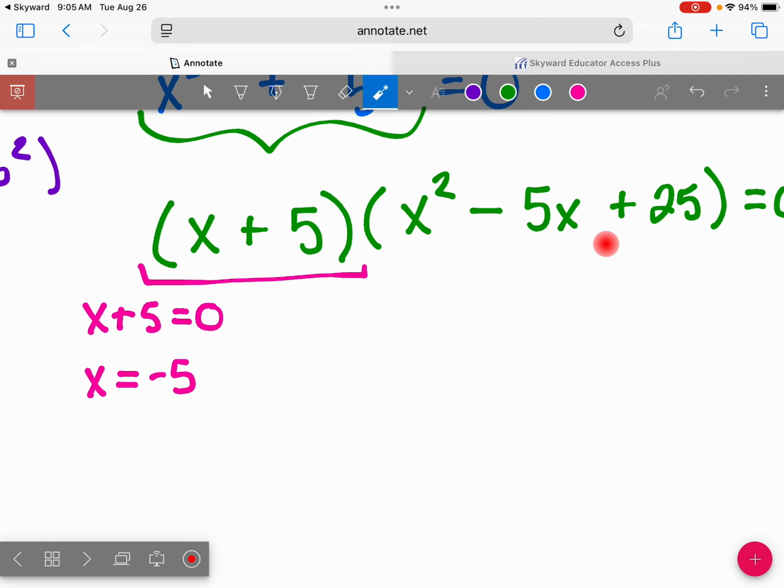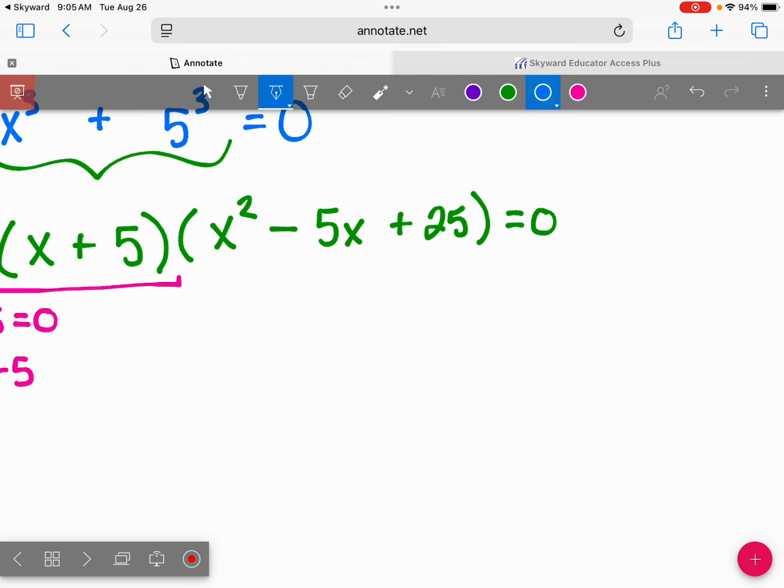But what do we do with this guy? Let's see if we can factor it. Do we have a pair of numbers that's going to multiply to make 25 and add to make negative 5? So if I can't factor it, what can we do? Quadratic formula.